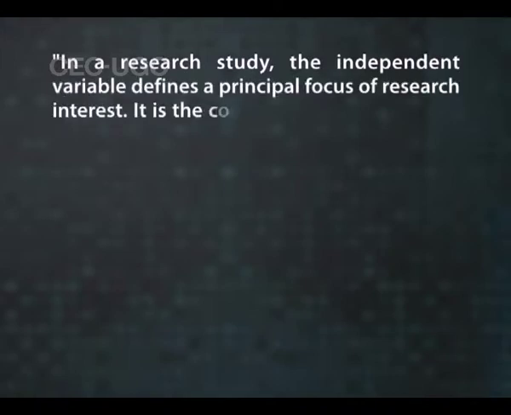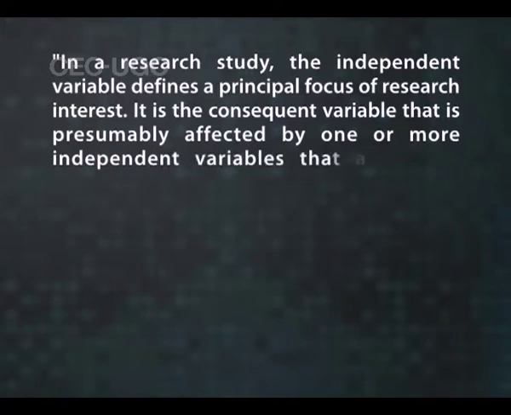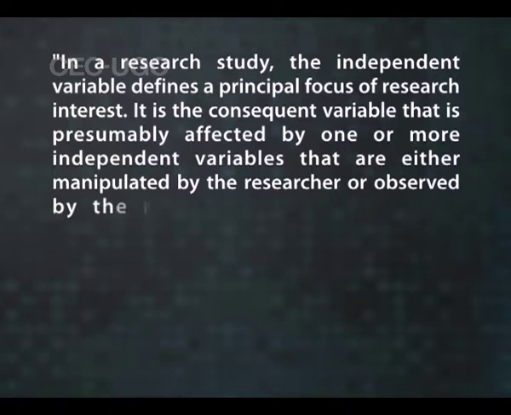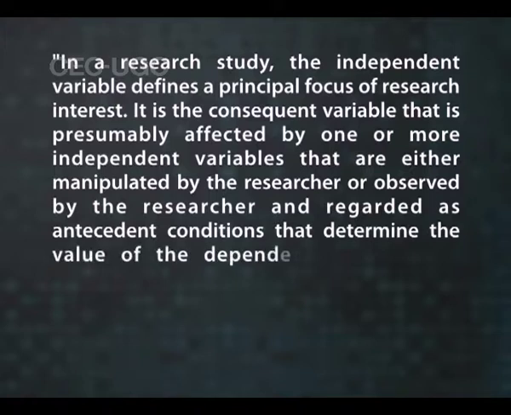In a research study, the dependent variable defines a principal focus of research interest. It is the consequent variable that is presumably affected by one or more independent variables that are either manipulated by the researcher or observed by the researcher and regarded as antecedent conditions that determine the value of the dependent variable.